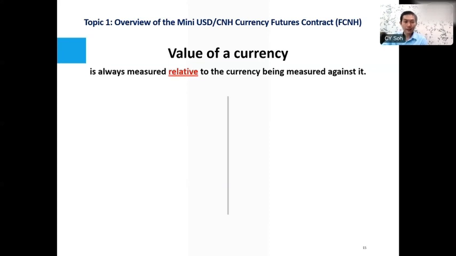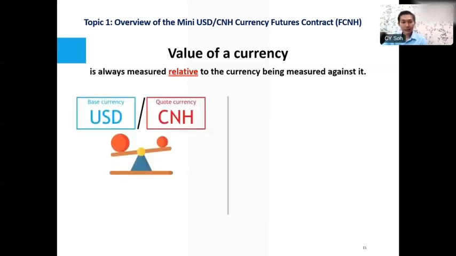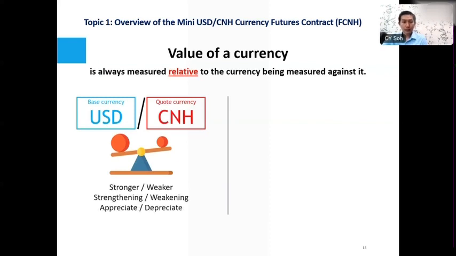So to make it simple, for example, in this case USD against CNH, in this picture you can see when one currency appreciates, it means the other currency is going to weaken. So on the left hand side, if the US dollar is going stronger, it's going to appreciate, it means the Chinese currency is going to depreciate.